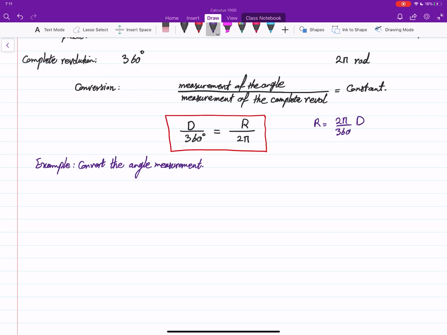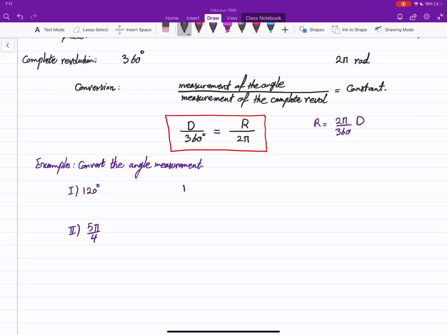So the first one is, what is 120 degree in radian, and the second one is, what is 5 pi over 4 in degree. Let's do the first one.